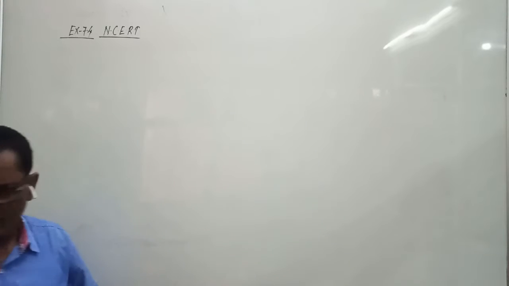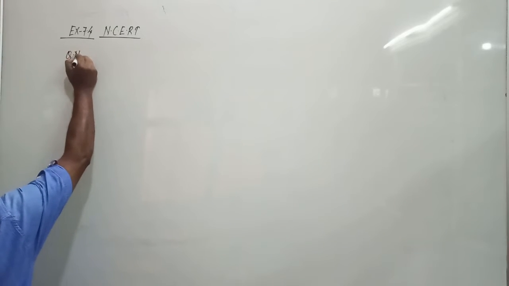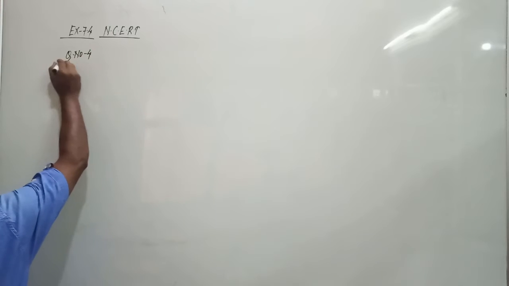We continue the exercise 7.4. Question number 4. AB and CD. We have given the diagram.